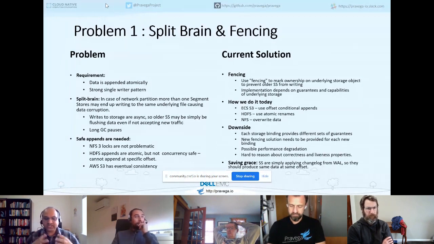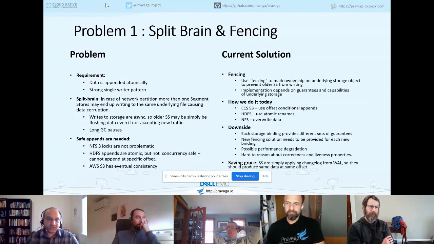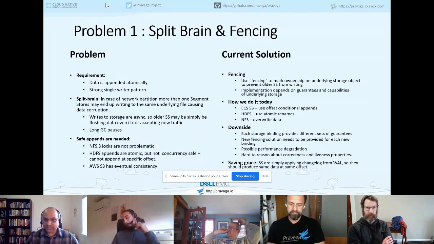And so essentially, instead of solving that problem in one place, we are distributing that problem, and each and every provider has to solve that problem again and again and again. So that's a downside. And it just makes life complicated for people who are implementing those storage providers.